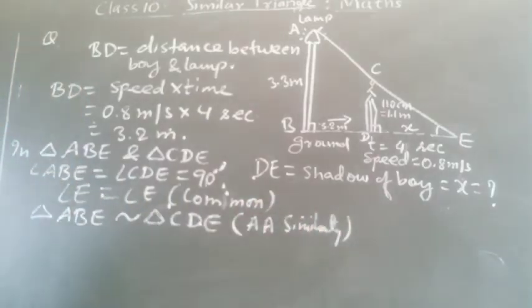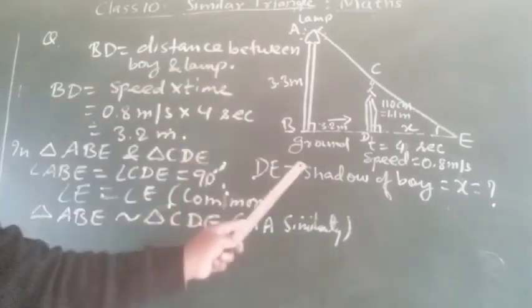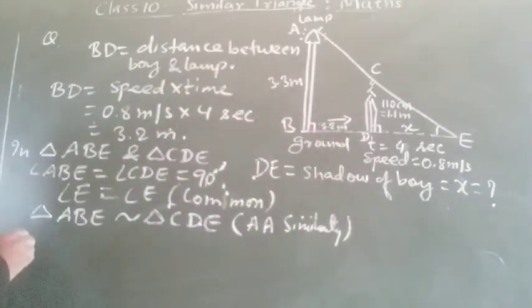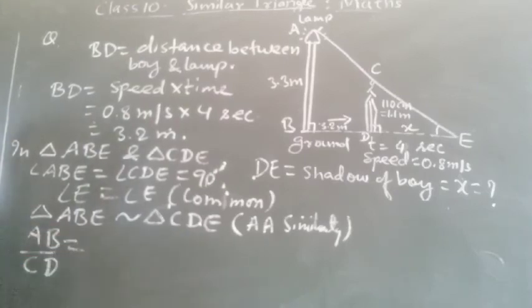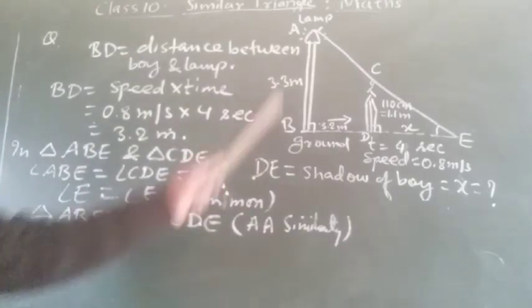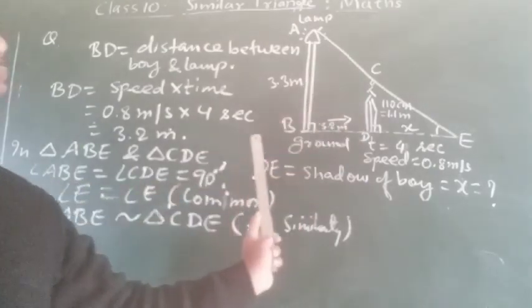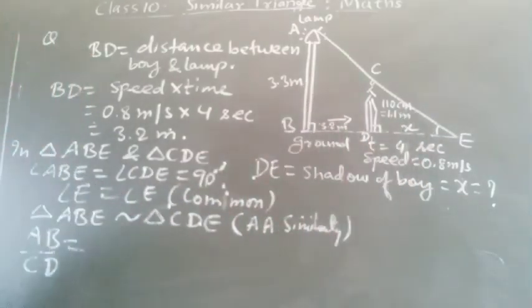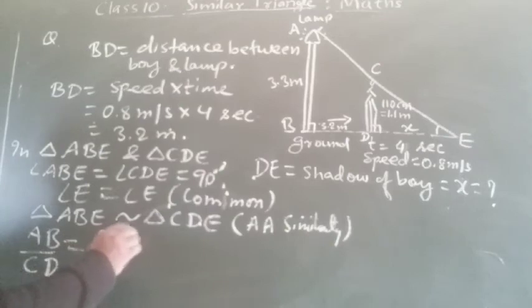Now I will take the side ratio. AB upon CD equals BE upon DE.